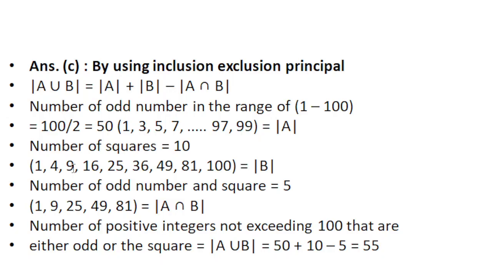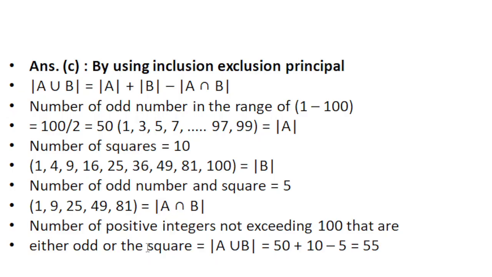Next 9. 9 is an odd number and it is the square of 3, 3 square is equal to 9, so that is also a square number. Likewise, we will get 5 numbers in A intersection B.